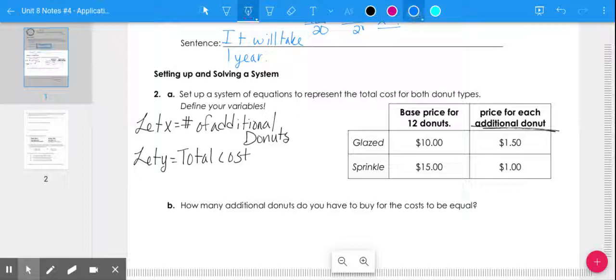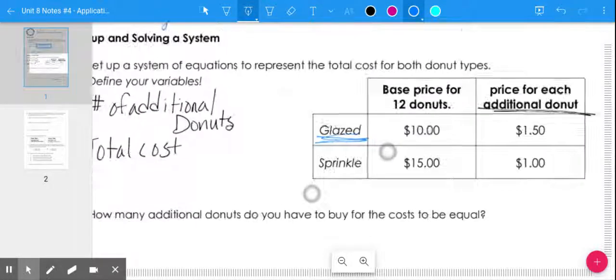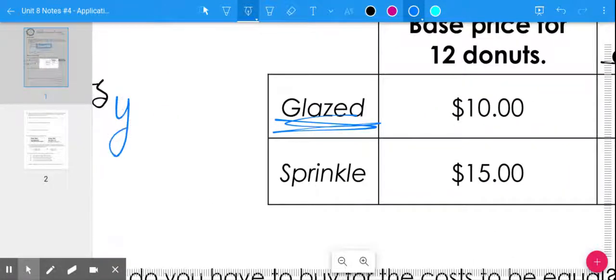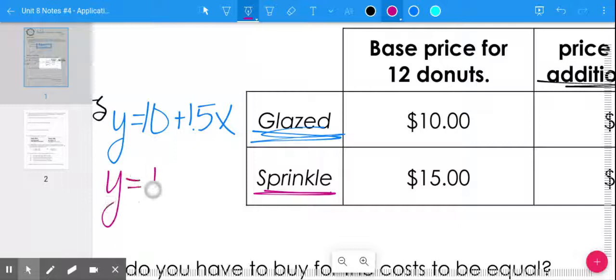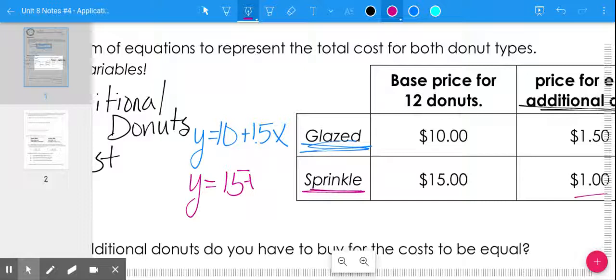So our first line is going to be our pink line that's glazed. So our total cost, or our y, is going to equal $10 plus that $1.50x, because it's $1.50 per additional donut. And then our second one is going to be our pink line, sprinkles. It's going to be y is equal to 15, and then plus our dollar per x, or $1 per donut.